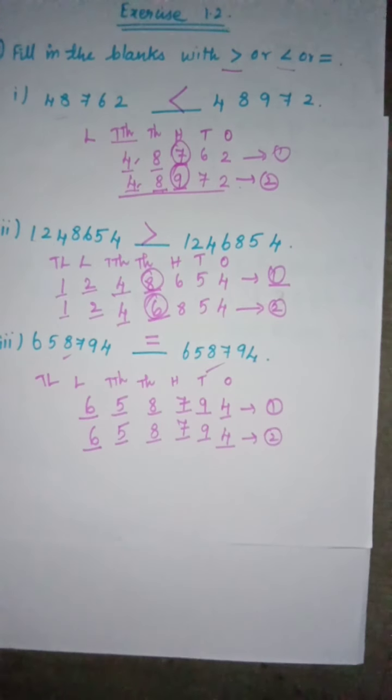After comparing the place value, if the place values they have given are the same, the next step is you have to move to the first digit of the two numbers. If the first digit of the two numbers is also the same, then we have to move to the second digit. When a difference occurs, on that place we have to compare the values. Which one is biggest and which one is smallest, we have to compare the values at that step.